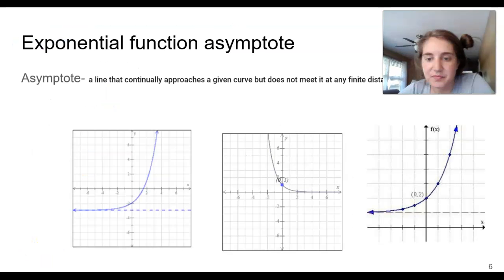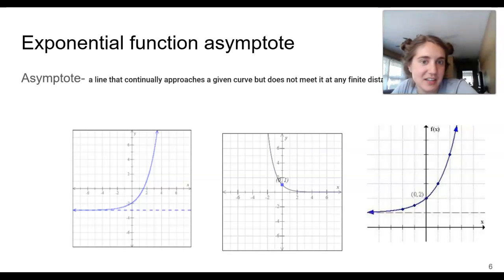Now we're going to talk about the idea of asymptotes, which is a line that continually approaches a curve, but they never meet. If we look at this graph, it's going closer and closer to this blue line here, but it will never actually cross it.